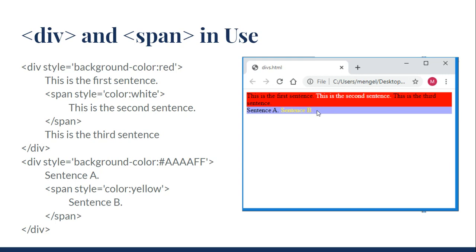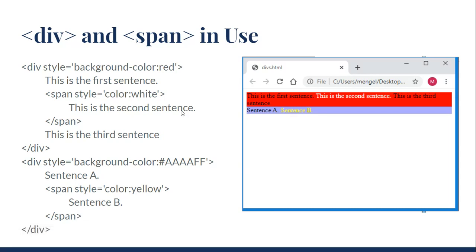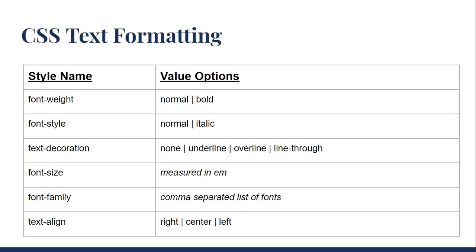And then I've got another div down here with a background color of AAAAFF, which is kind of this periwinkle blue color. And then I have sentence A and sentence B. Sentence B is enclosed in a span with color yellow, and you'll see that sentence B then appears in yellow. So the divs got separated with an automatic line break. The spans allowed us to change things in line exactly the way they were.